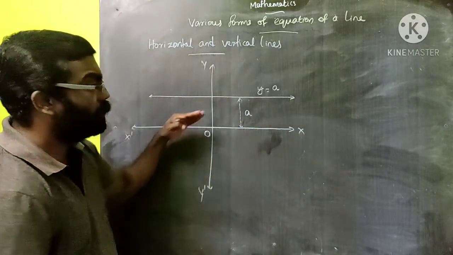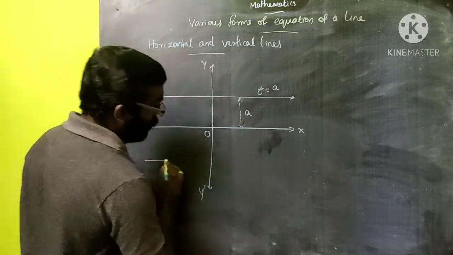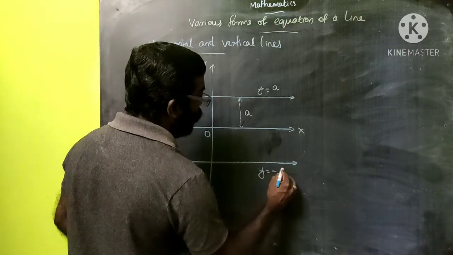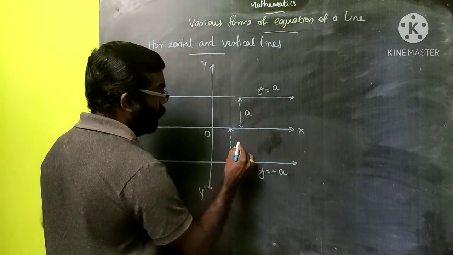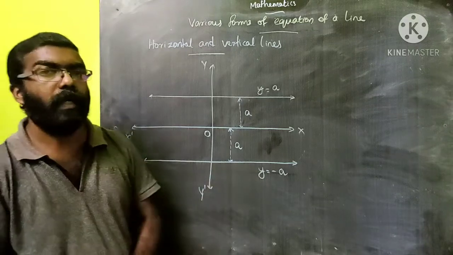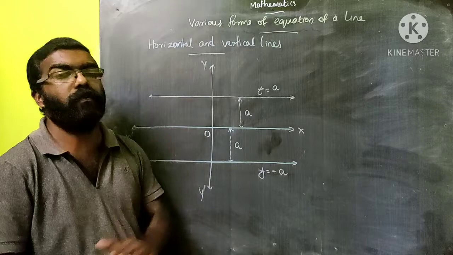And if the line is below the x-axis, if we keep the same distance, then what we can write? This will be y is equal to minus a. If we consider the distance as a, then we can write y is equal to minus a. So here the sign depends upon the position of the line.